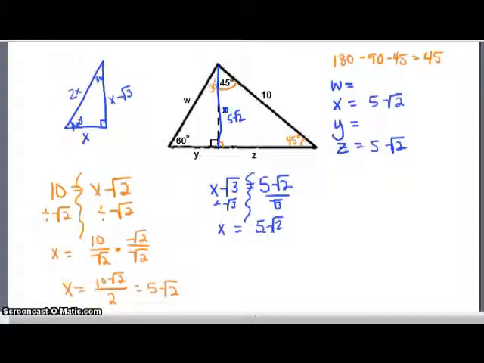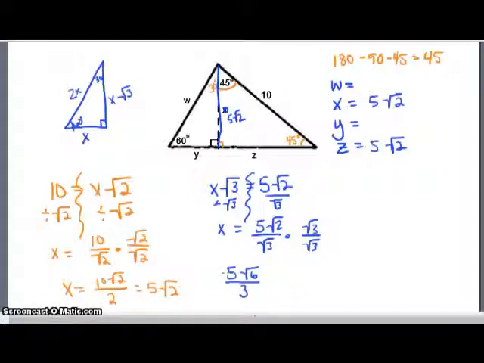So we get 5 root 2 over the square root of 3. And to rationalize the denominator, we'll just multiply by root 3 over root 3, and we will get 5. So your square roots you can multiply when you simplify. So the square root of 2 times the square root of 3 is the square root of 6, over, and the square root of 3 times the square root of 3 is 3.